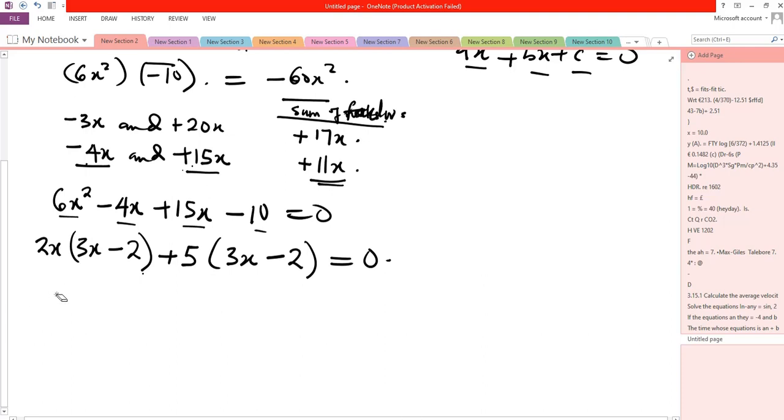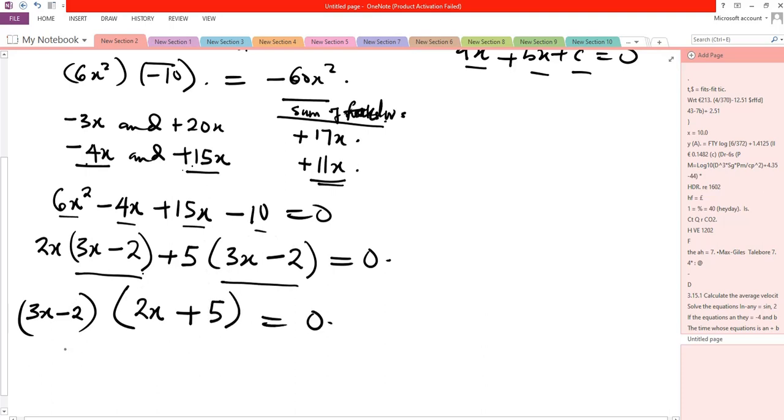We have a common value here, 3x minus 2 and 3x minus 2, in both parts. So we factor out the common factor 3x minus 2. If you divide the first part by 3x minus 2, you are left with 2x. If you divide the second part, you are left with 5.